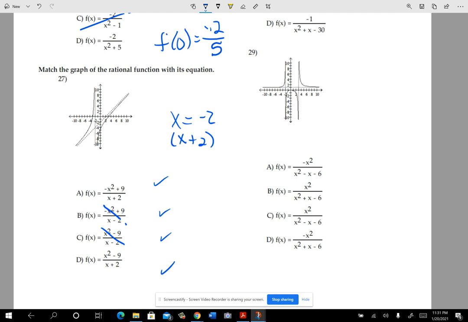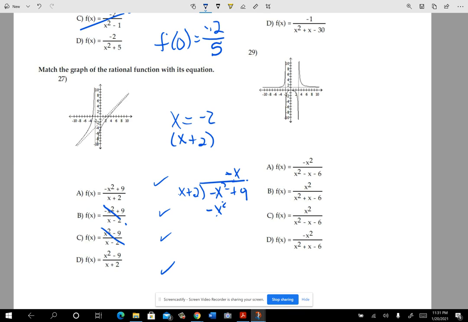All right, and then what these two would look like, a negative x squared plus 9 on top versus an x squared minus 9. Again, I might consider what would happen if I divided this to find my equation. See how that's going to go in there negative x times?